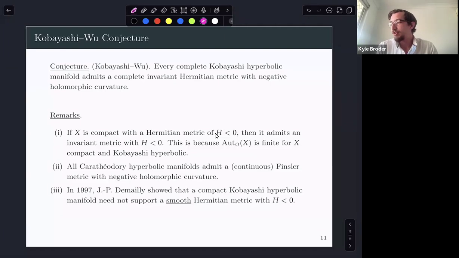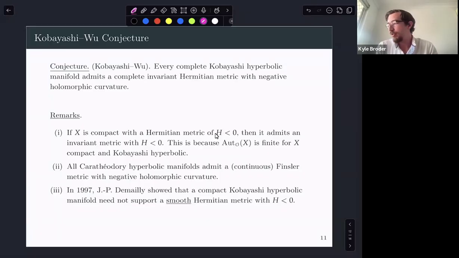But it predicts that, let's say we're on a compact manifold, if I have no holomorphic maps from C, then I should have a metric of negative holomorphic curvature. Now, first remark here is that if X is compact and I have a Hermitian metric with negative holomorphic curvature, then it will be invariant.